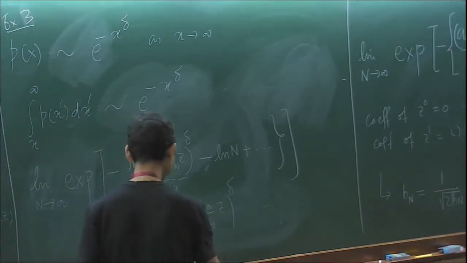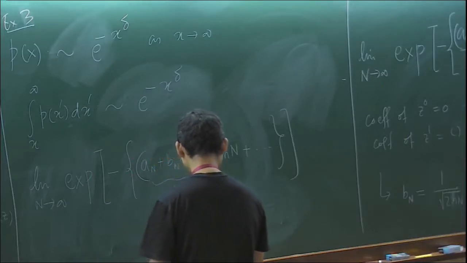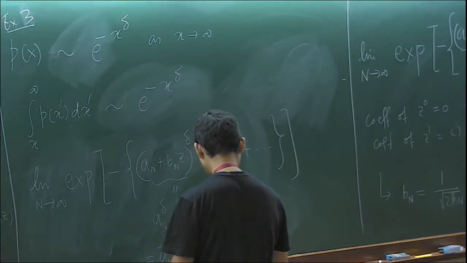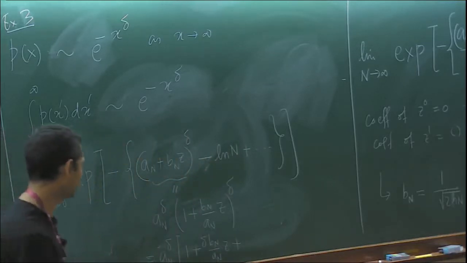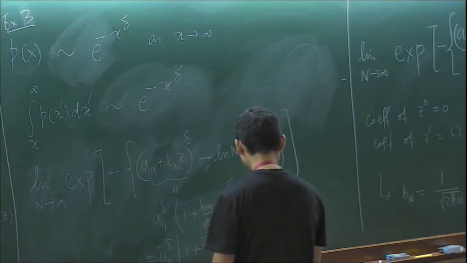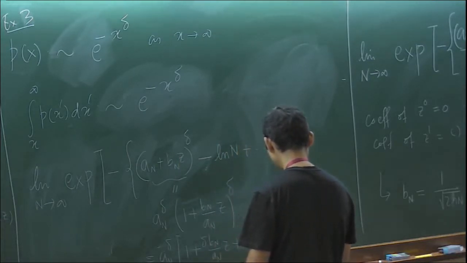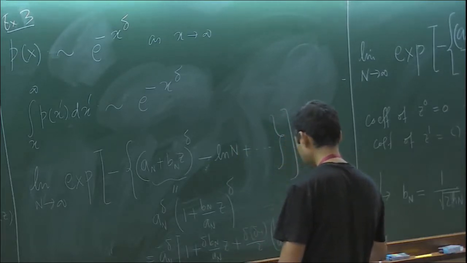This one you can expand: 1 plus delta bn by an z plus the z square term, delta into delta minus 1 by 2, bn by an whole square z square, and so on.